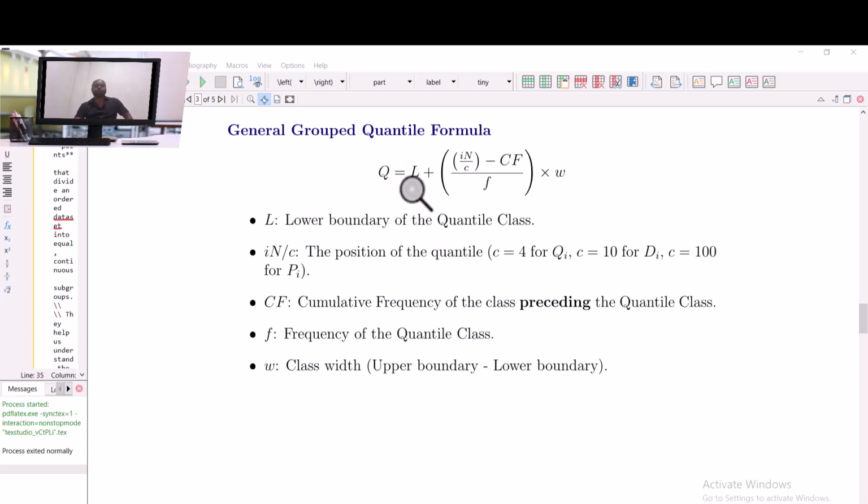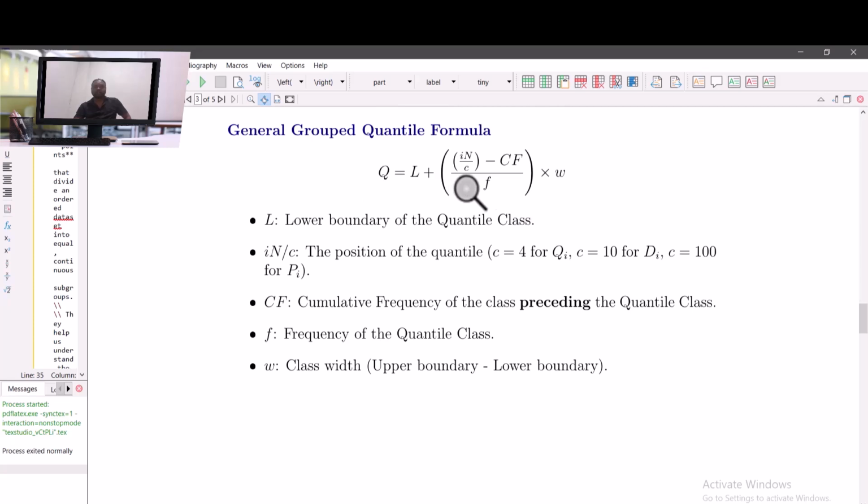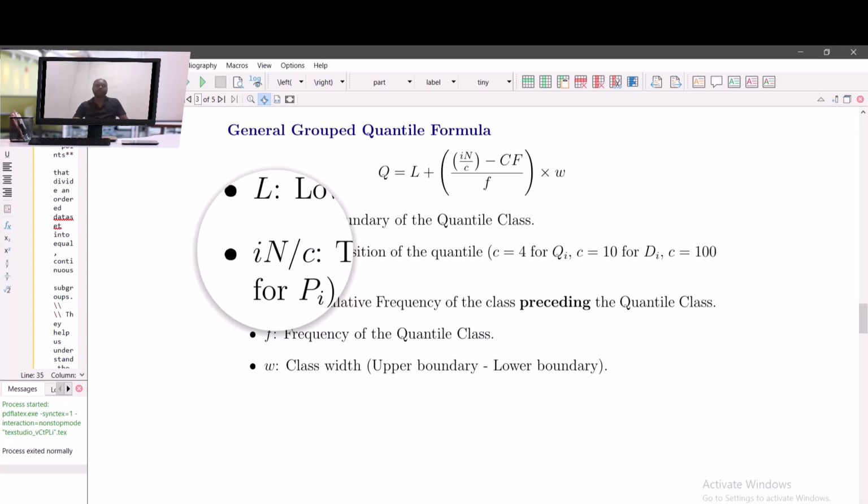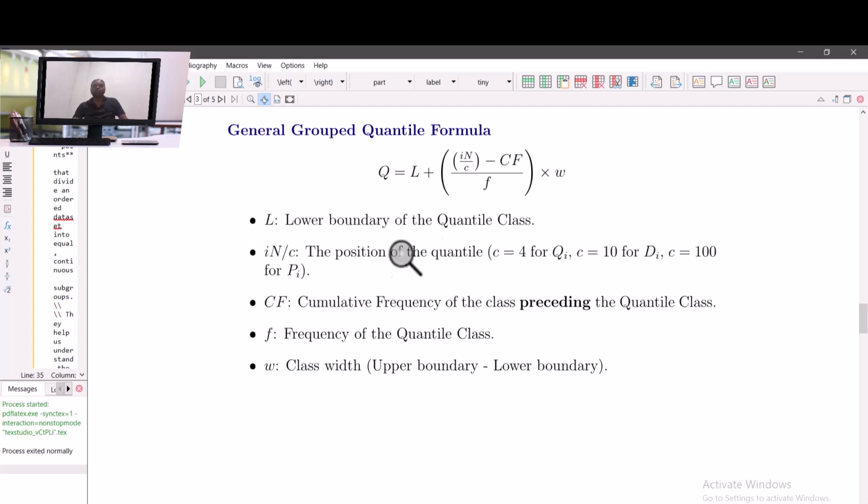This formula is the interpolation formula for calculating quantiles from grouped data, where L is the lower class boundary of the quantile class. The quantile class is approximated using i times N over C, where C is 4 for quartile, 10 for decile, 100 for percentile.